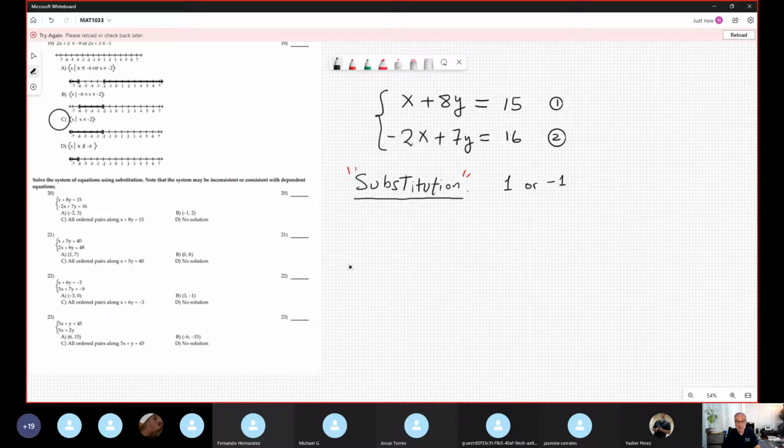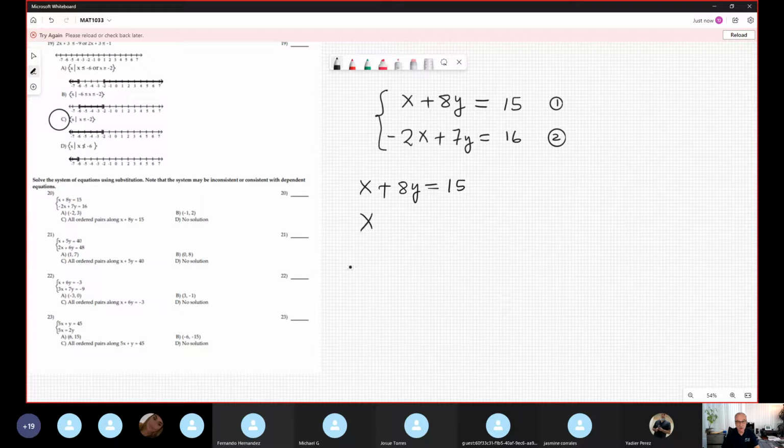I immediately detect, wow, good. The coefficient in the first equation in front of the x is 1. So I take advantage of this. I take the equation, I rewrite it again here, because the coefficient is 1, and you isolate that variable.